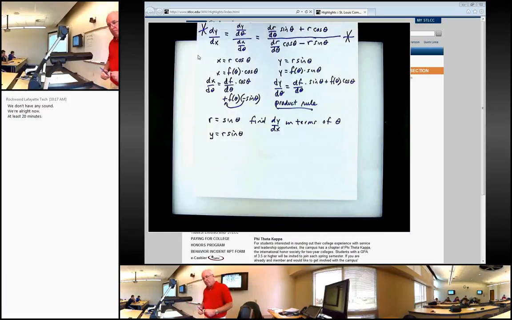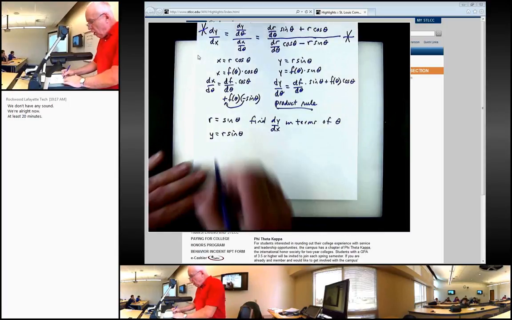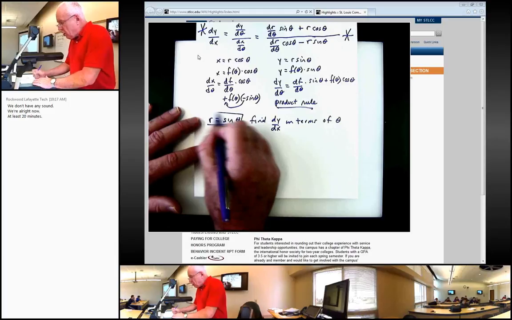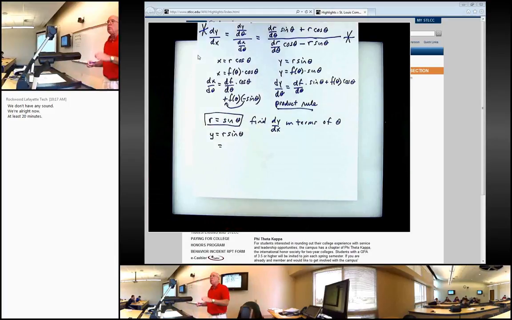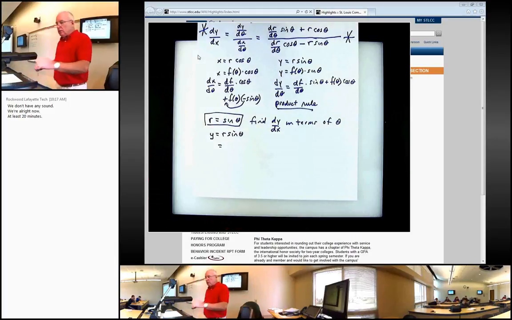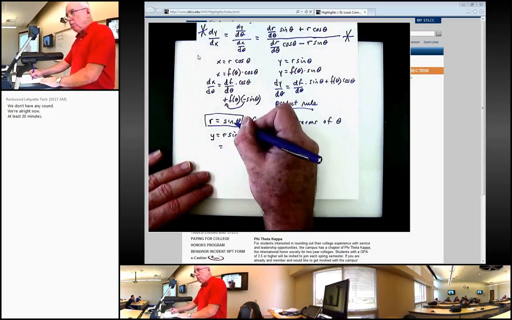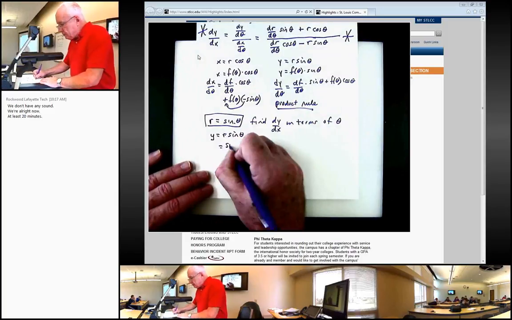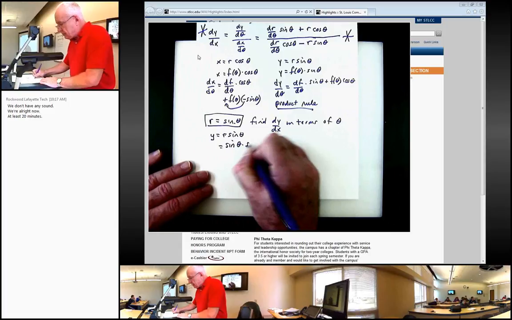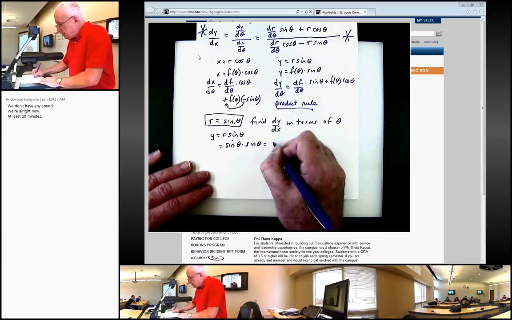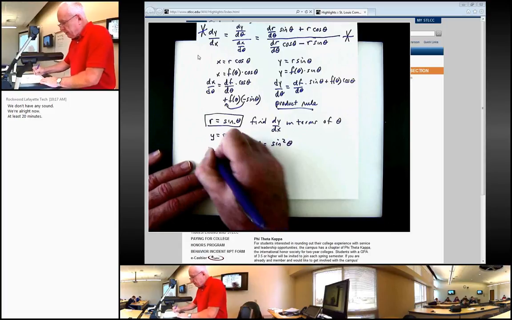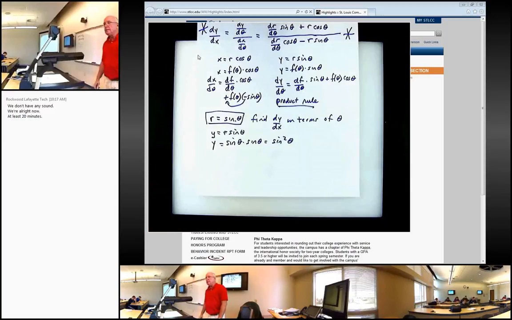And the r that we are given is r equals the sine of theta. So I'm going to replace the r with what it is equal to in our polar equation, which is sine of theta times sine of theta, so that's sine squared of theta. So y is equal to sine squared of theta.